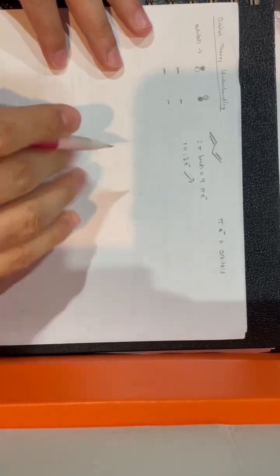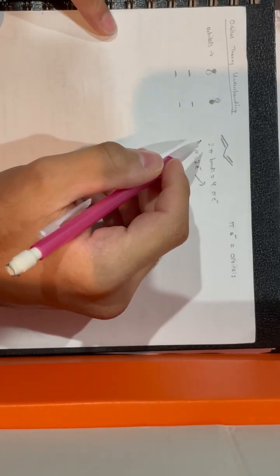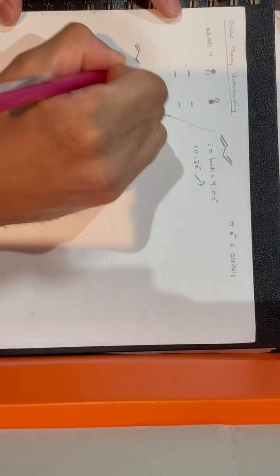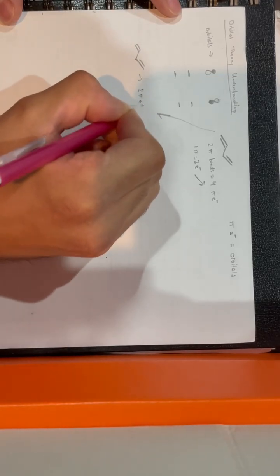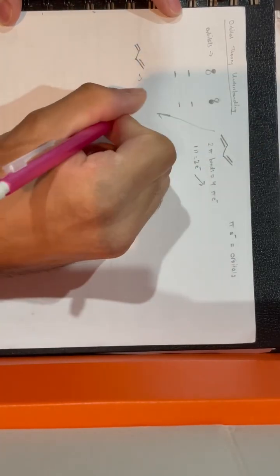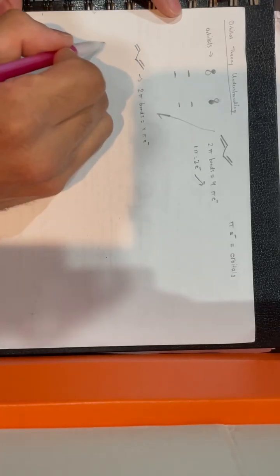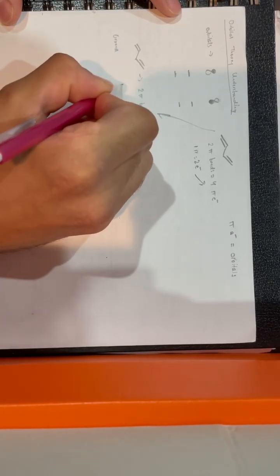So for this compound, what his orbital diagram would look like is, we're gonna bring him down, because I don't want to confuse. We have 2 pi bonds, meaning 4 pi electrons. Therefore, we have 4 orbitals. Now, remember, you have a ground state and an excited state.